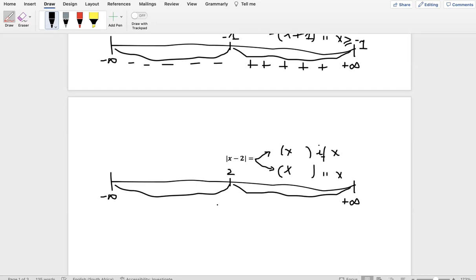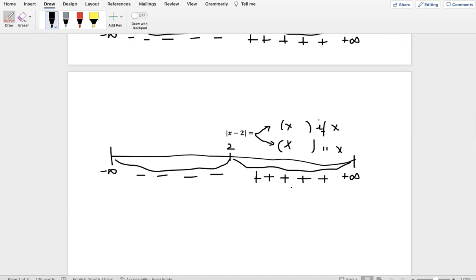So what happens to x minus 2 in terms of sign when you take a value of x that is less than 2? It becomes negative. And what happens when you take a value that is greater than 2? Positive.